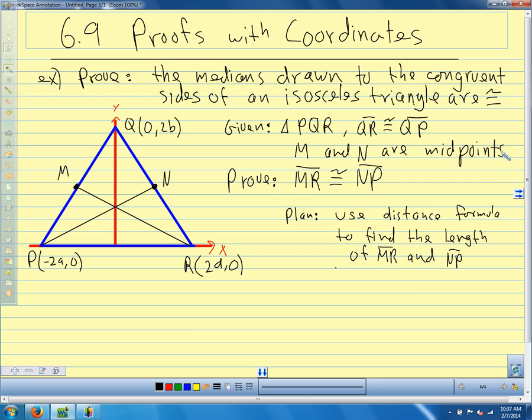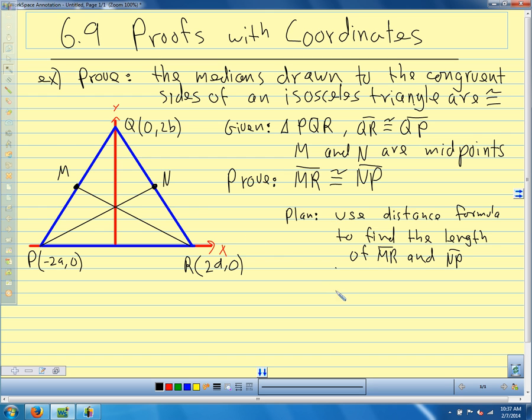They're midpoints. So how can we find these coordinates? We know the coordinates of the ends of these segments. What do we use to find the coordinate of the midpoint? What was one of our three formulas that we talked about on Wednesday? Distance formula, midpoint formula, and slope formula. We have a formula to find the midpoint.